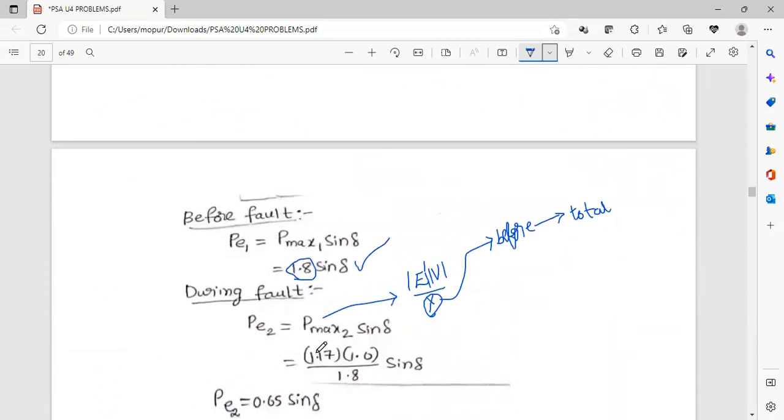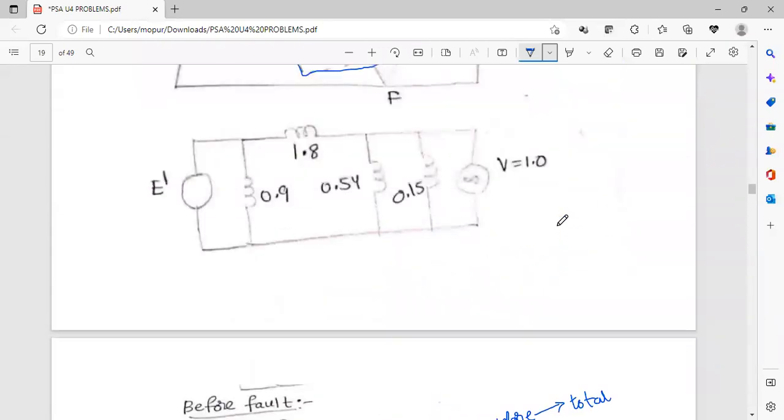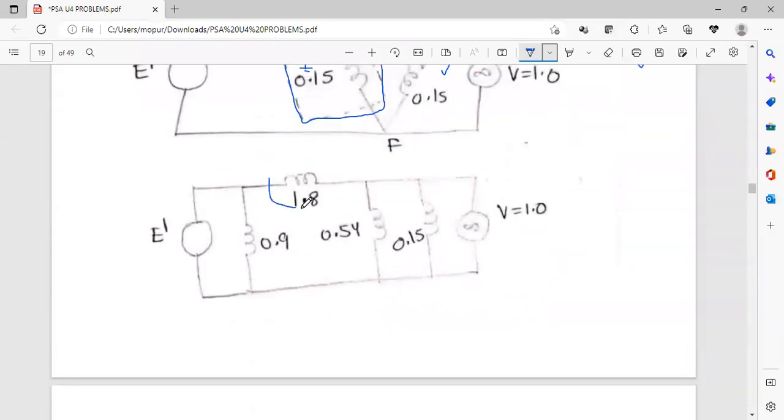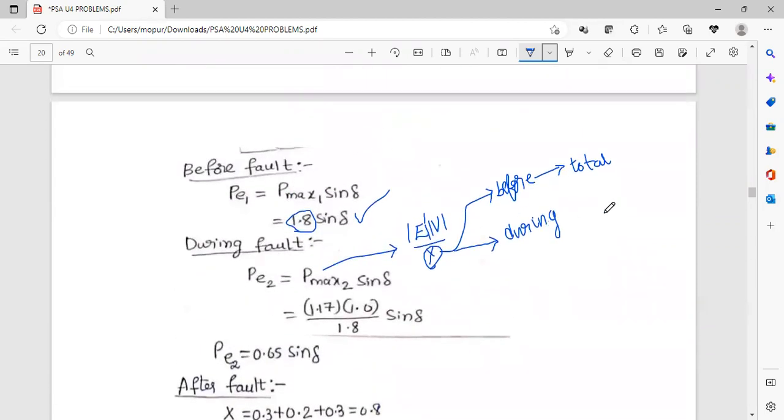So the X value for during condition will be this value. You can see here, this value. This is the X value during condition. That is, we had a circuit like this.